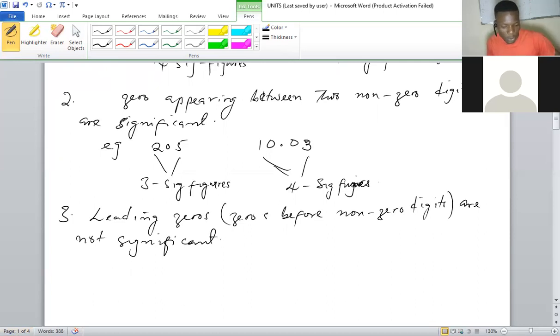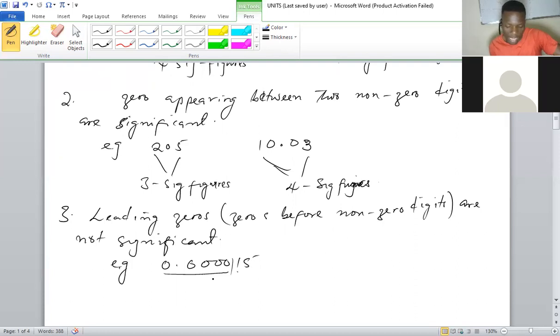Okay, so leading zeros, or zeros that are found before non-zero digits, are not significant. So for instance, if we have 0.0015, these zeros are not significant. The only significant digits here are 1 and 5.